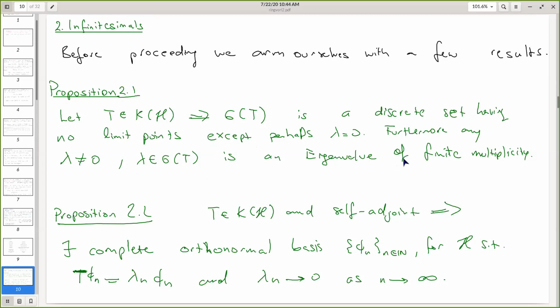The most important thing is that for compact operators, the spectrum is a discrete set. And the next proposition says if you have a compact operator and it is self-adjoint, then there exists a complete orthonormal basis phi n, n in the natural numbers, for H such that T phi n is equal to lambda n phi n, and lambda n goes to 0 as n goes to infinity, because it's a compact operator, basically.